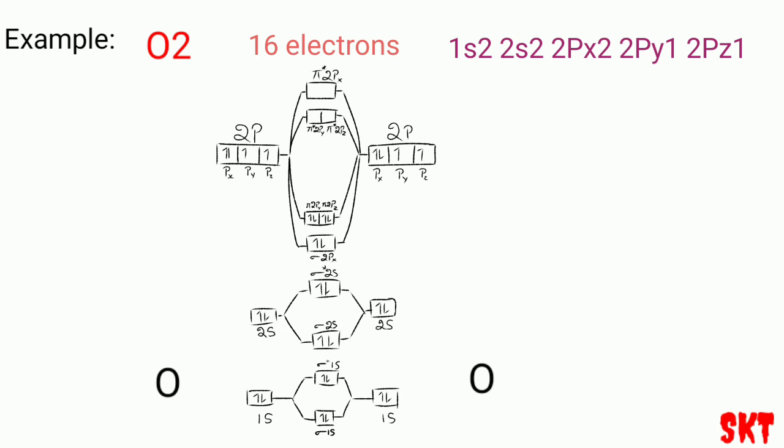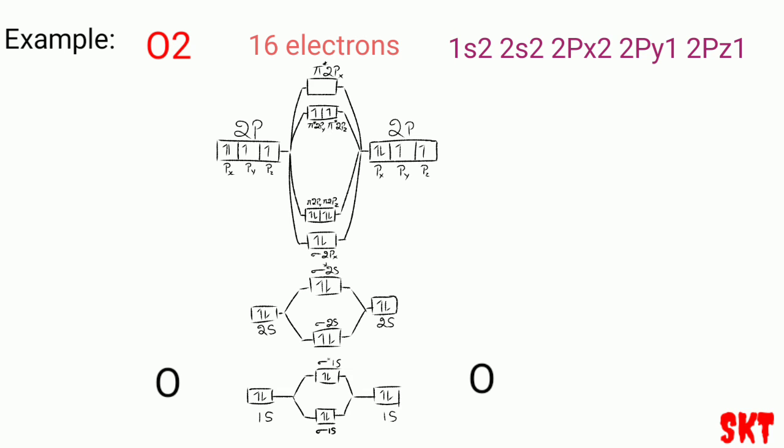As I have told you before in the standard steps, you can't add both electrons to the same molecular orbital. So the electrons go to both molecular orbitals, that is 1 electron for pi star 2py and 1 electron for pi star 2pz, forming unpaired electrons.